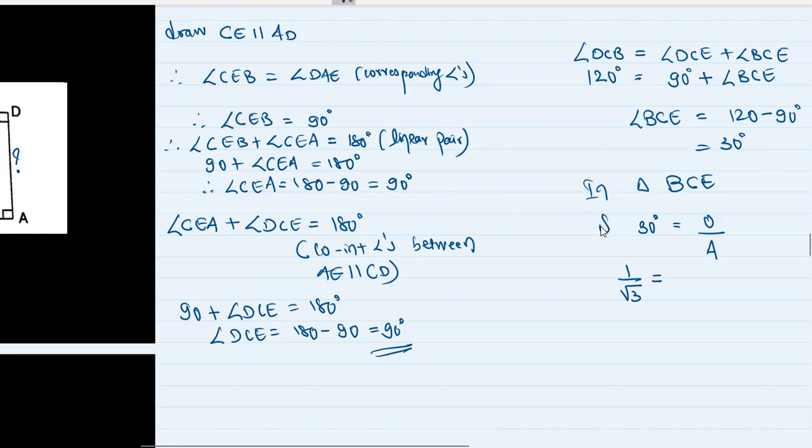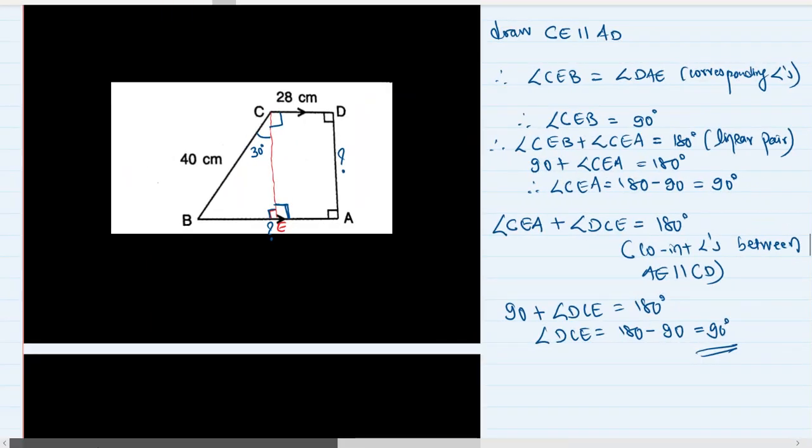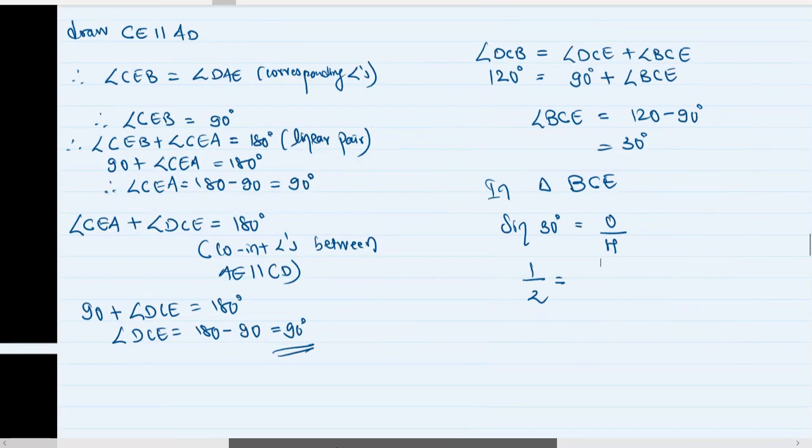Sine 30. We know the hypotenuse. So sine 30 is 1 by 2, which is opposite upon hypotenuse. Opposite of angle 30 is BE and hypotenuse is BC.